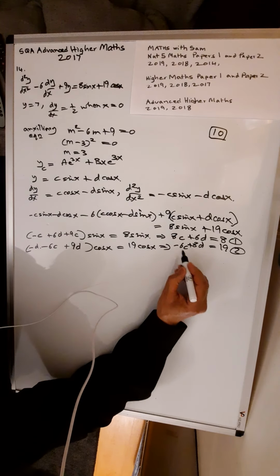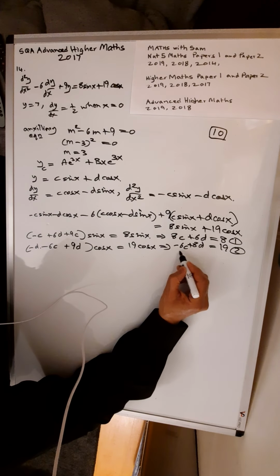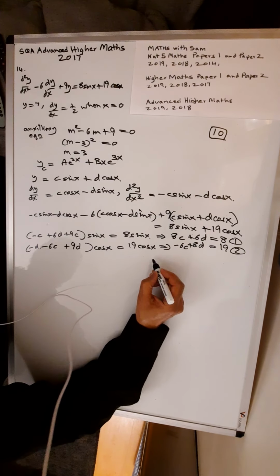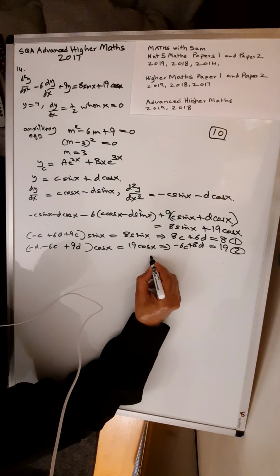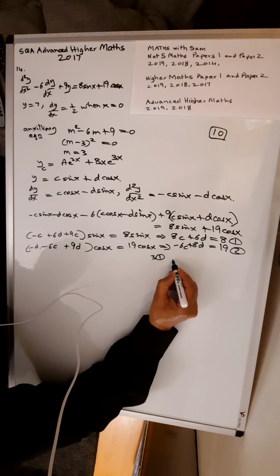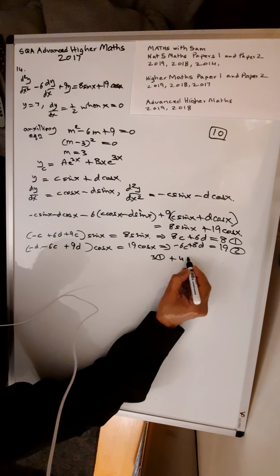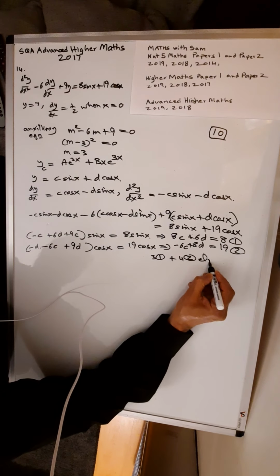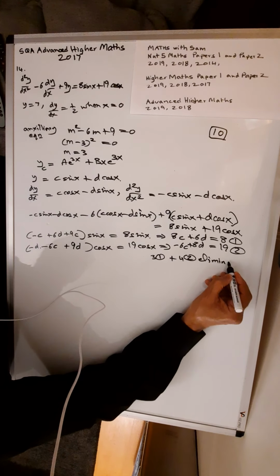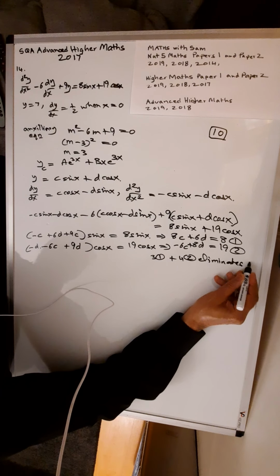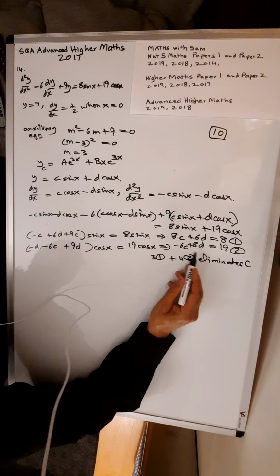You need to eliminate. So you can multiply the first one by 3 and the second by 4, so that C would be eliminated.